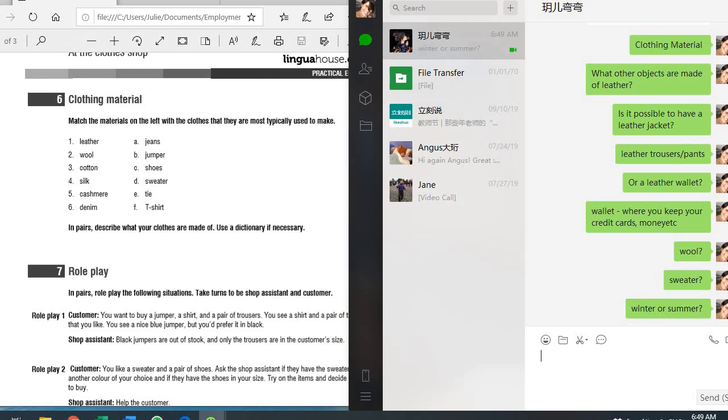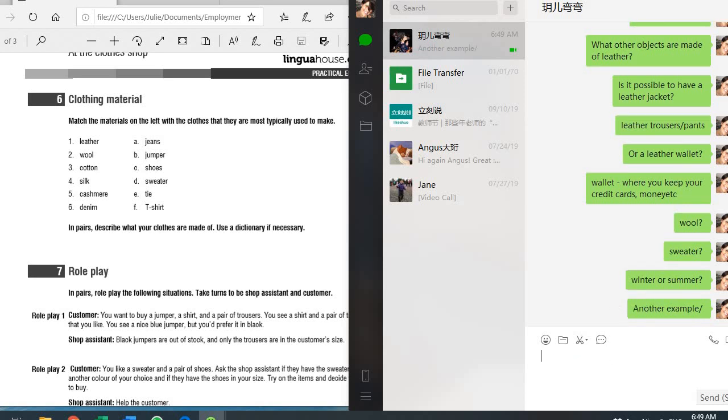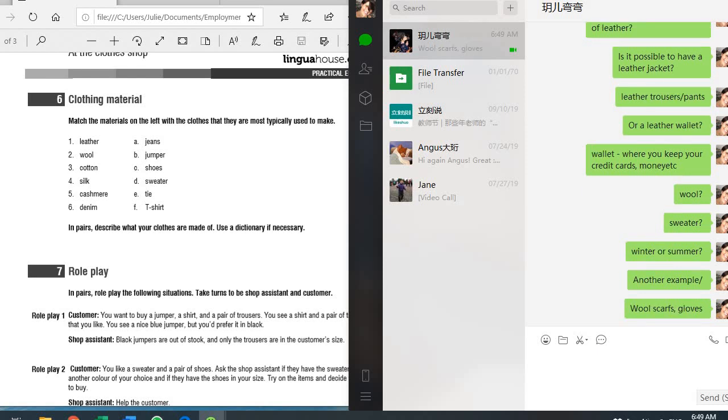That is usually used in the winter because it's warm. Perfect, exactly. Anything else that you can think of that is an example of wool? The scarf. Perfect, exactly. So wool scarves. This is also for winter, right? Wool scarves or gloves. This is all ways to keep warm with wool, exactly.